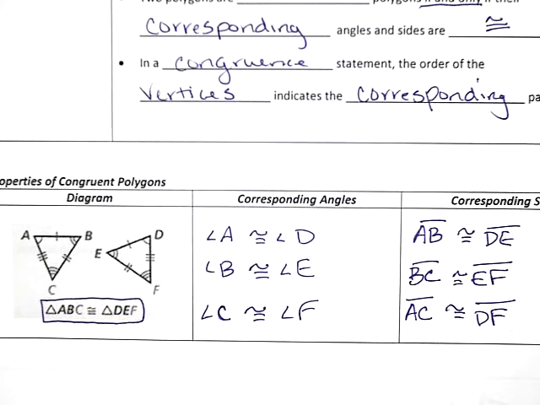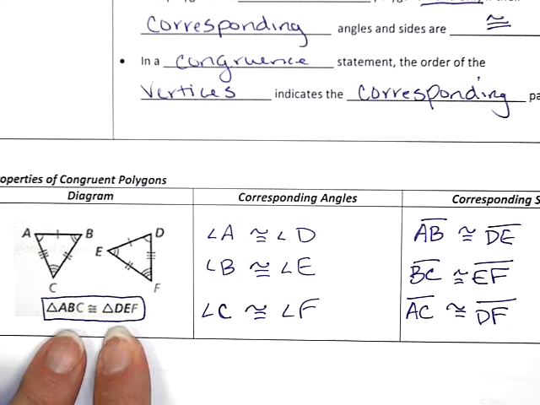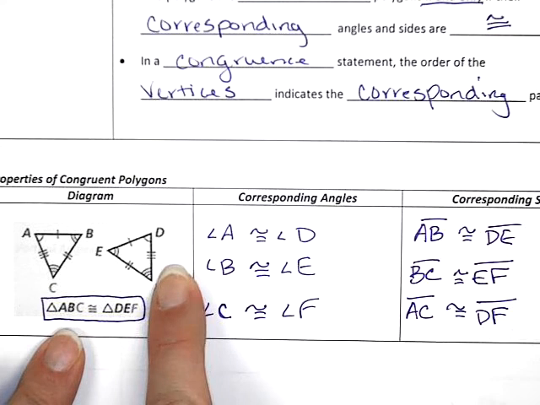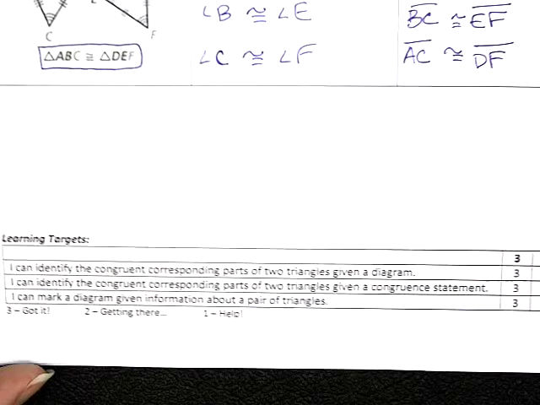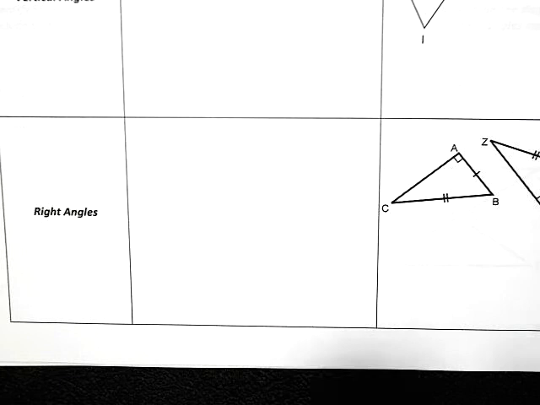All right, so again, you can either do it from your congruence statement or you can do it from the marks that are on your triangle. Sometimes I only give you one or the other, so you do have to be able to do it from both, okay? Your learning targets are at the bottom. Please make sure you read through those and assess yourself and decide how you're doing so far, okay?